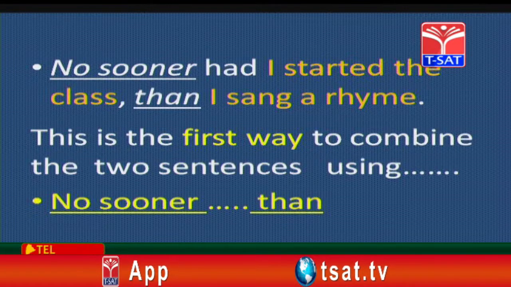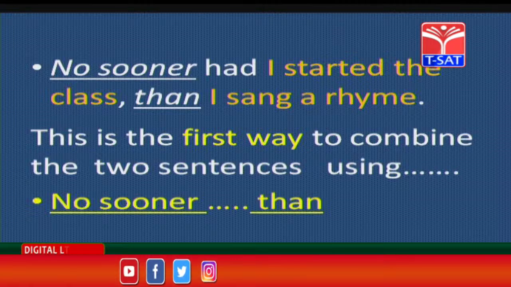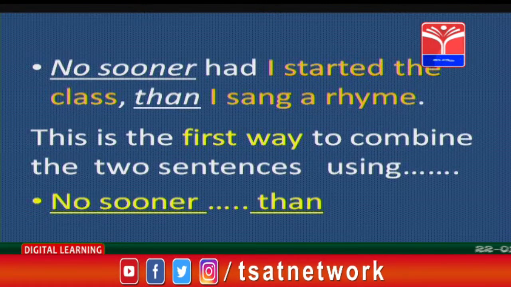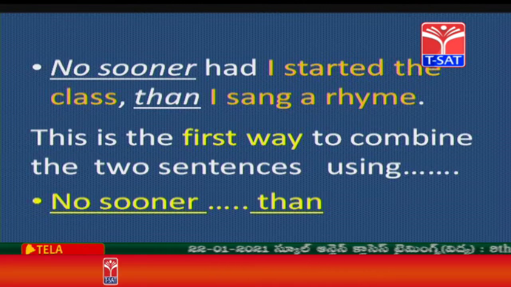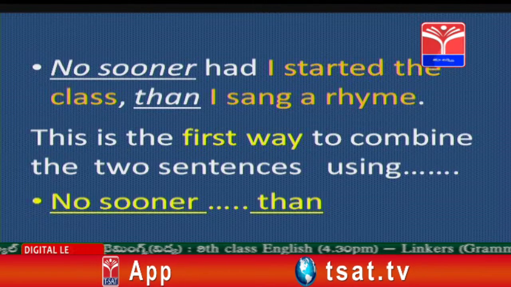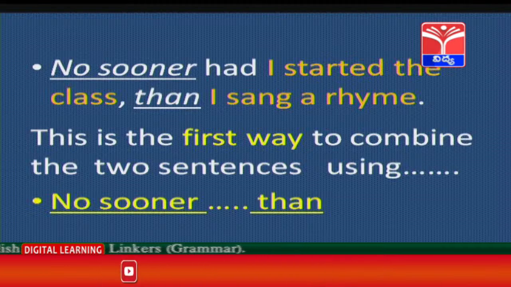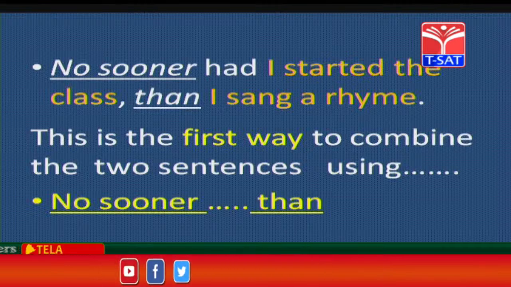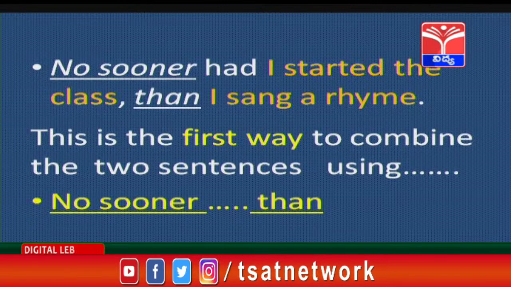And do not forget to remove the full stop and put a comma at the end of the first sentence. So now, shall we read the sentence, children? No sooner had I started the class than I sang a rhyme. This is the first way to combine the two sentences using no sooner than.